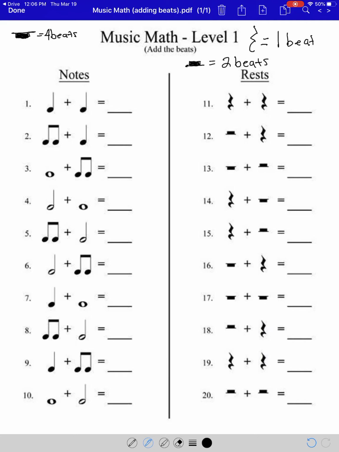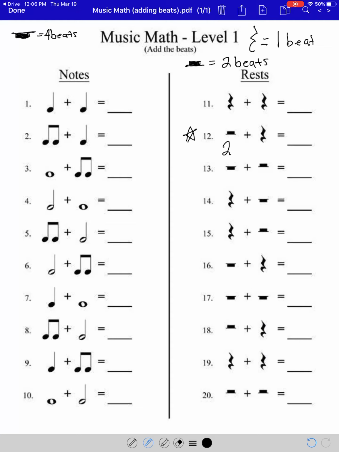So let's do a couple examples here. I'm first going to look at number 12. Number 12 has a half rest plus a quarter rest. Again, I see the box is on top here, so I know that gets 2 beats. Then I want to add one of these quarter rests, right?